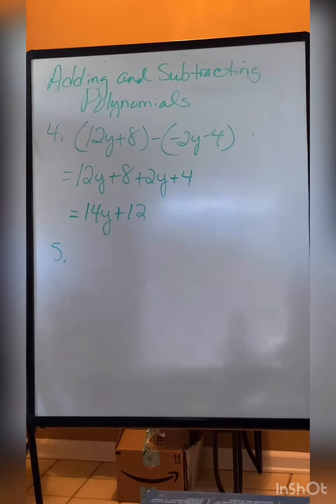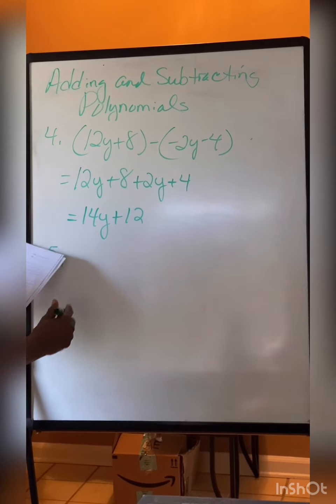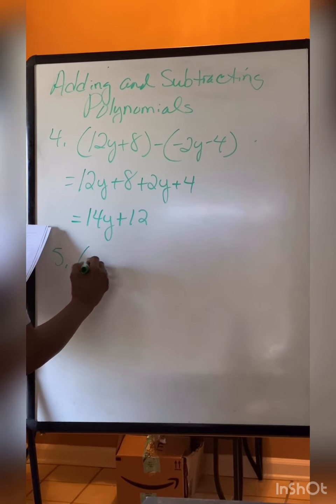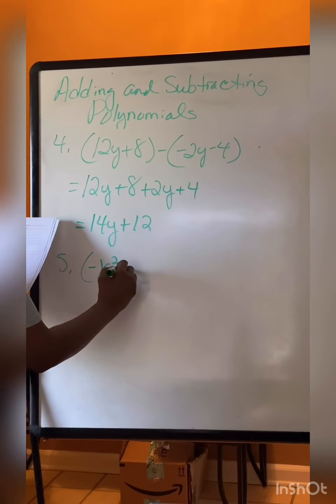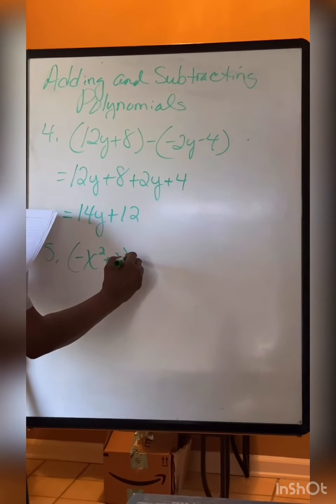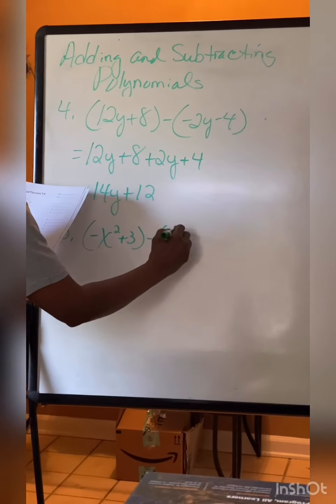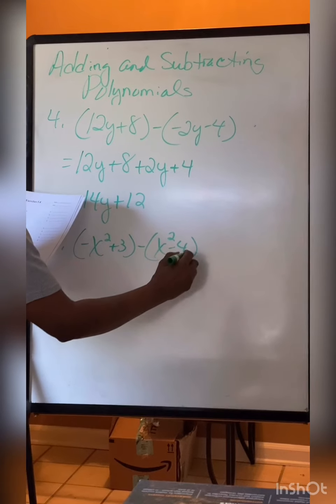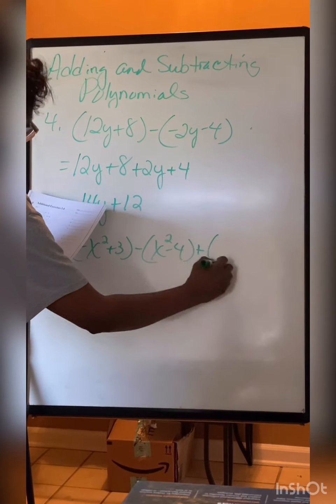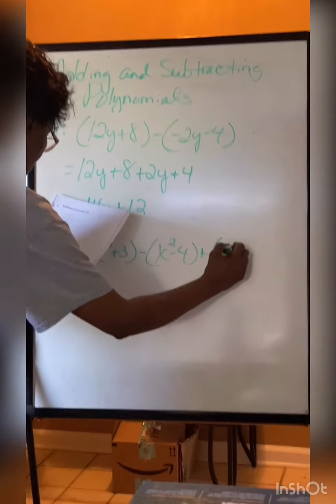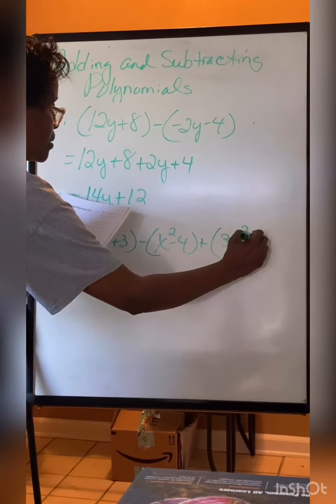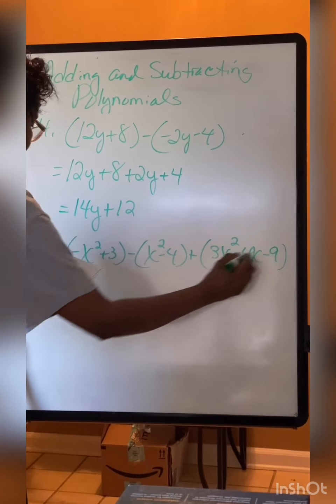Example 5. If I had the binomial of negative 1x squared plus 3 minus the binomial x squared minus 4 plus the trinomial 3x squared minus 4x minus 9.